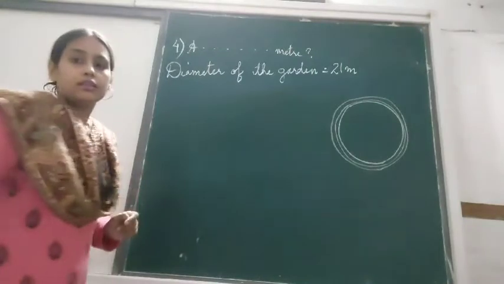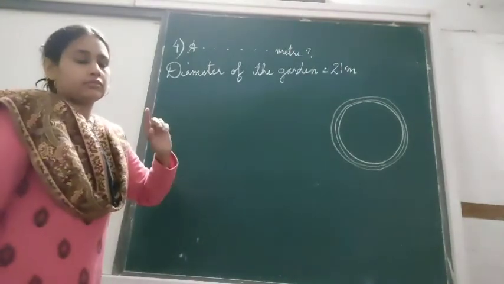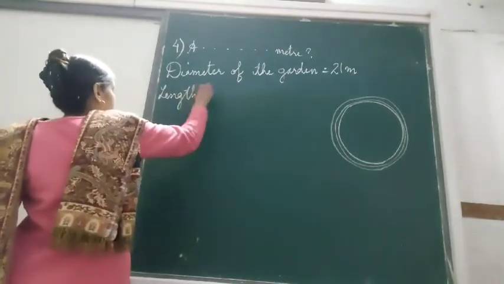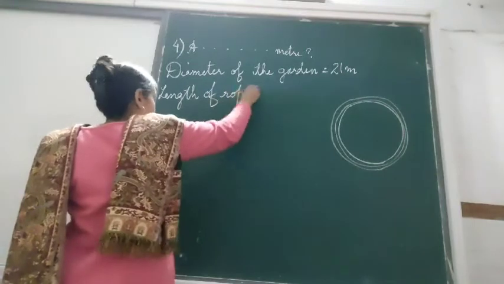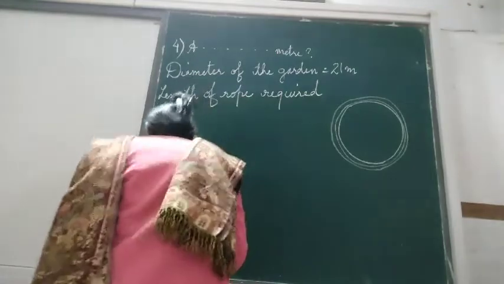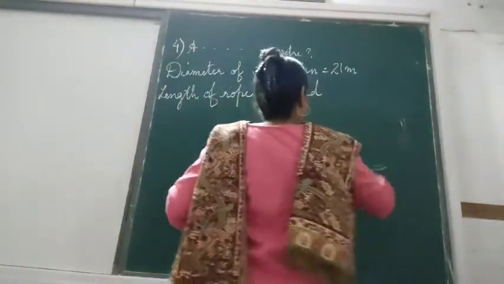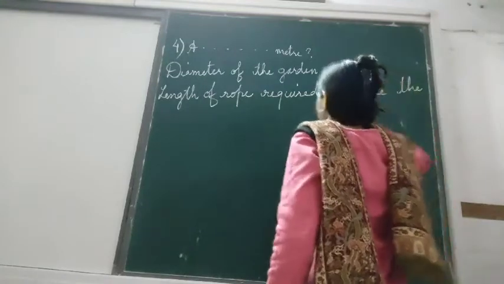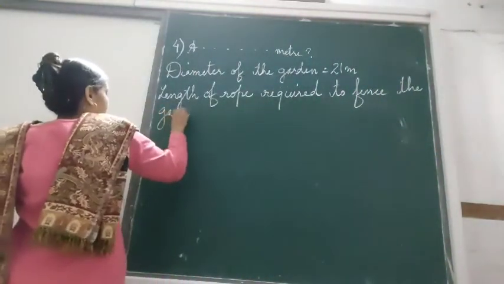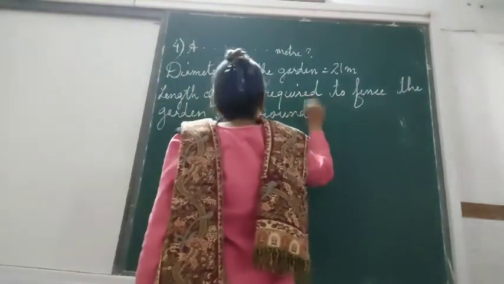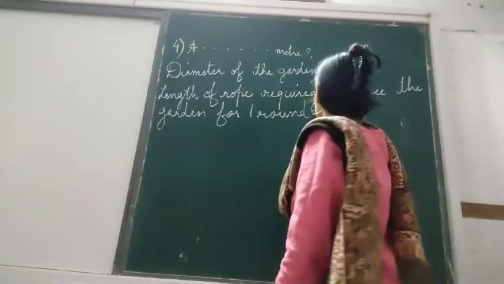Now we have to find the length of rope required to fence the garden for 1 round, which is equal to the circumference of the circle.